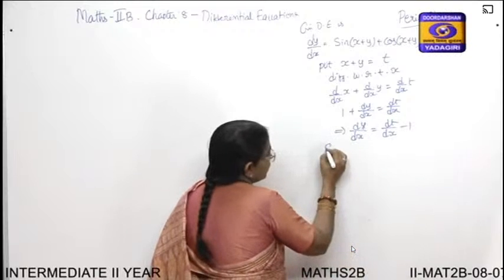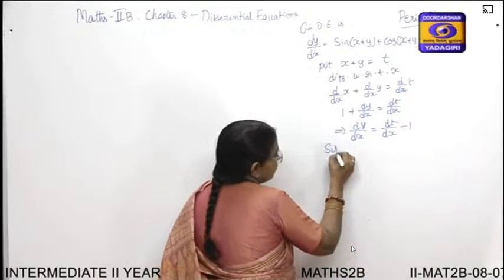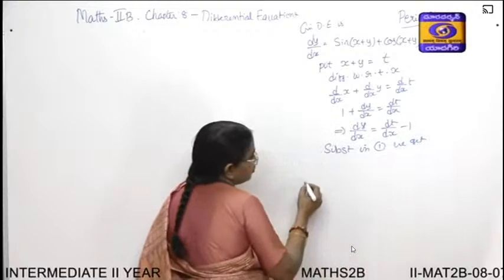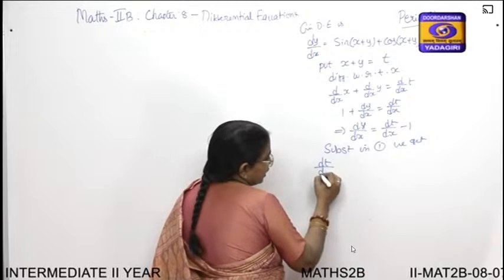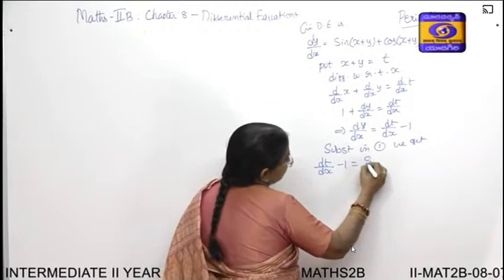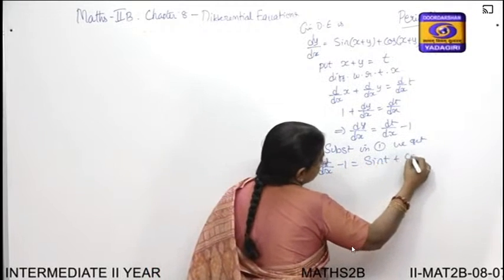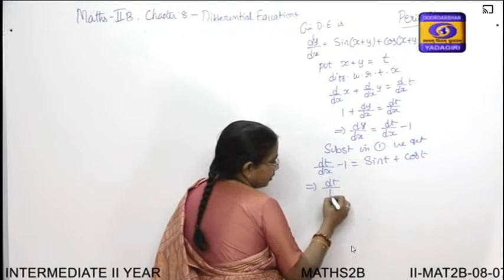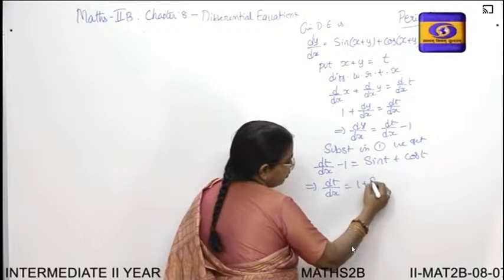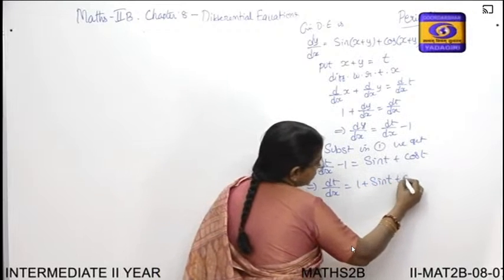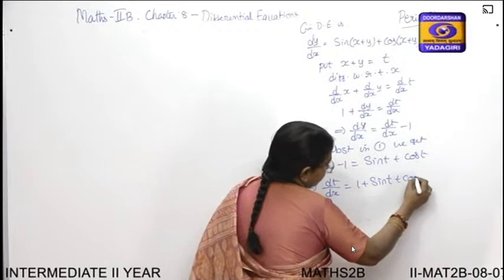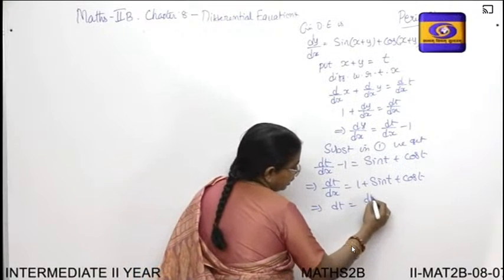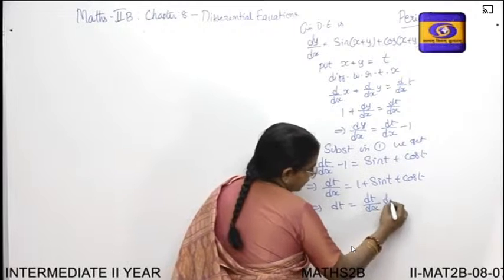Now substituting in equation 1, the given differential equation becomes dt by dx minus 1 is equal to sin t plus cos t. So that means dt by dx is equal to 1 plus sin t plus cos t. Now we have t and x, so dt is equal to dt by dx into dx.